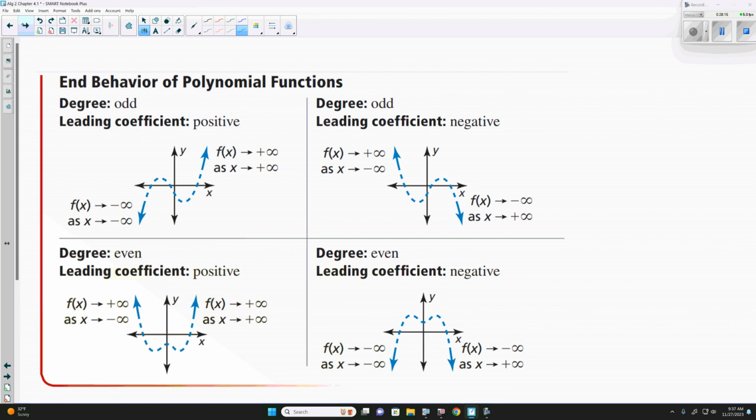As x gets really big or really small, the function is going to do one of 4 things. The polynomial function will do one of 4 things. And it's going to depend on the leading coefficient and the degree. And there's only 4 ways this works out.